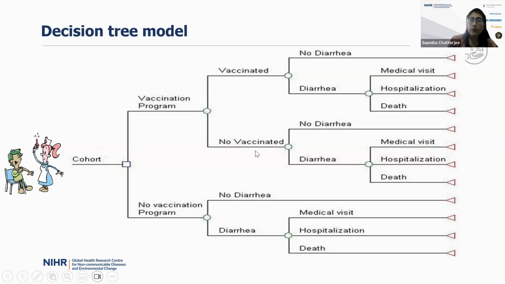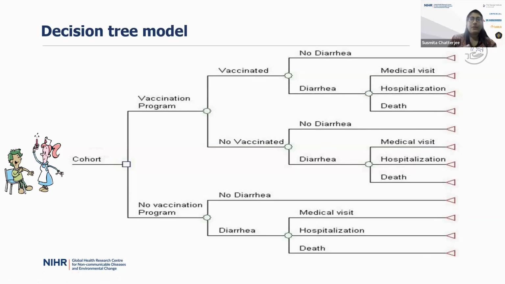And those who are not vaccinated, it does not mean that because the child did not get the vaccination, they will have the disease. No, there is a possibility. A proportion of them will have the disease, a proportion will have no disease. Those who have the disease will similarly have an OPD visit, a hospitalization, or a death.